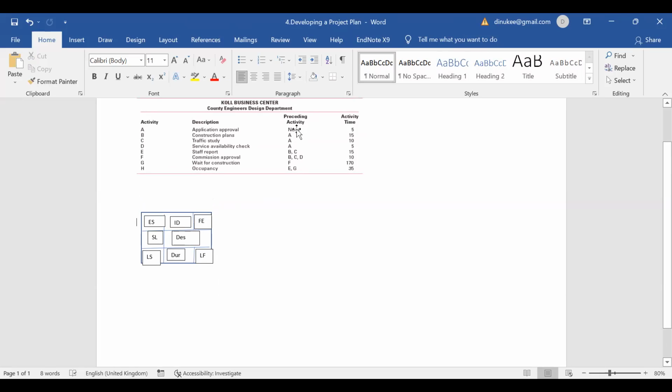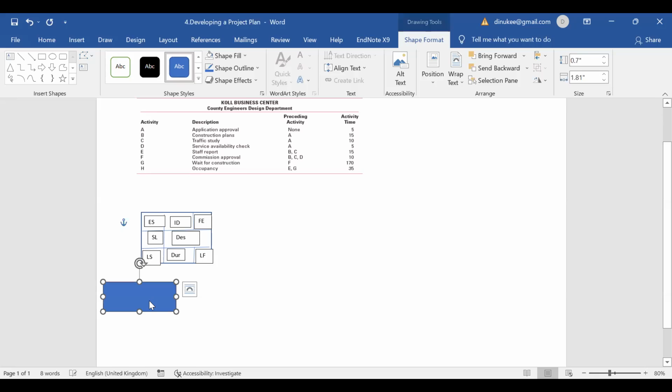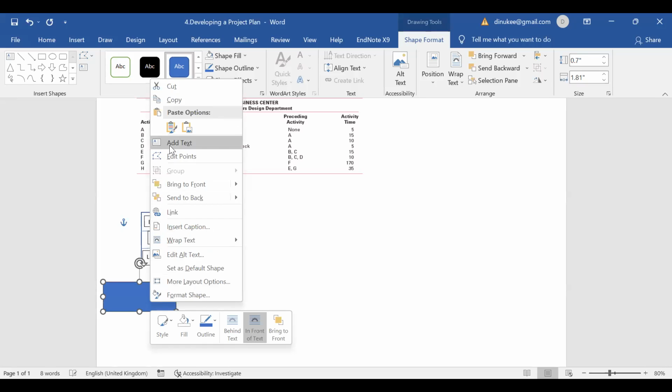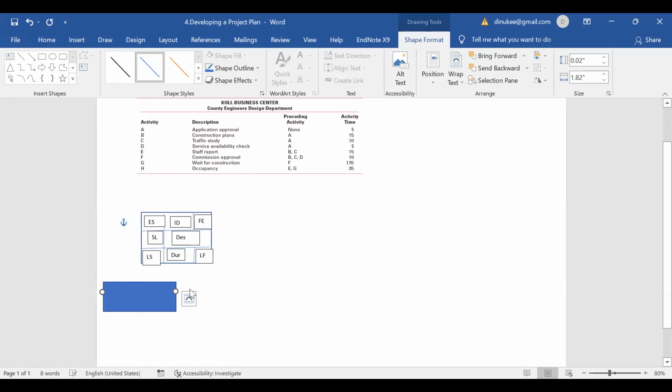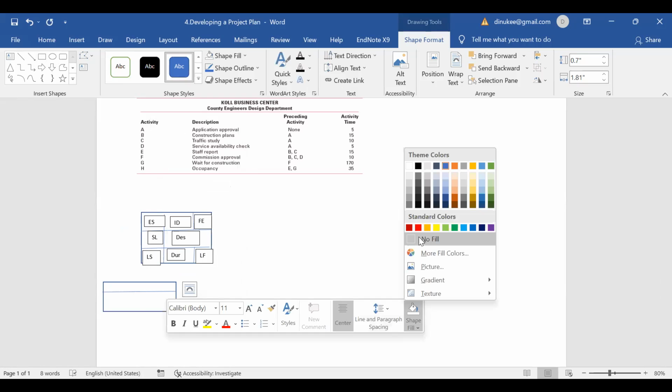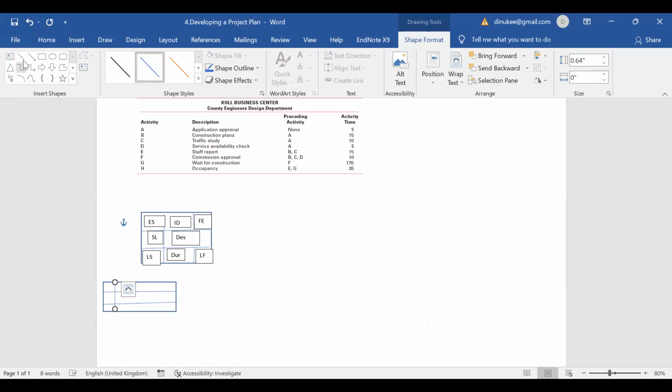So this is the activity that you can start drawing the project network with. You have to draw the same legend for each and every activity on node.